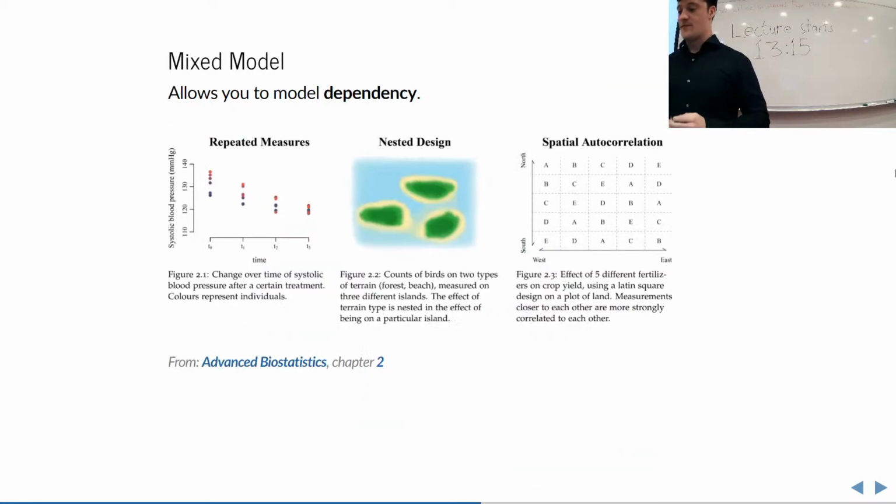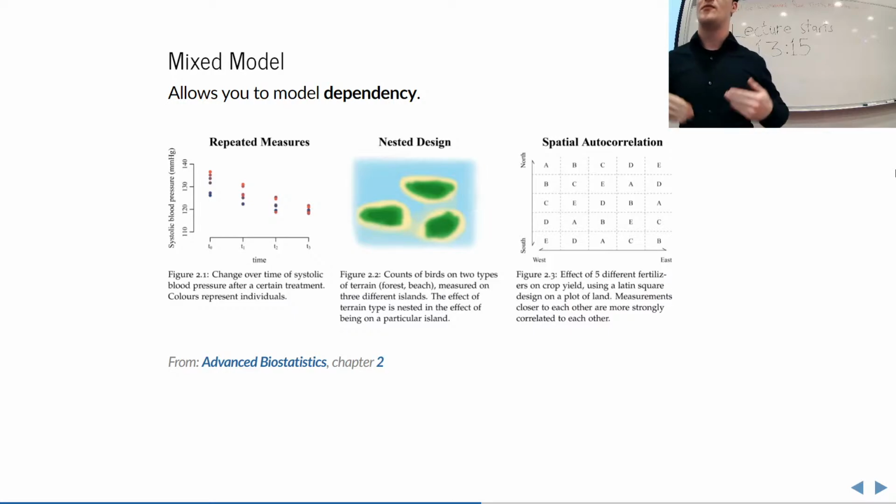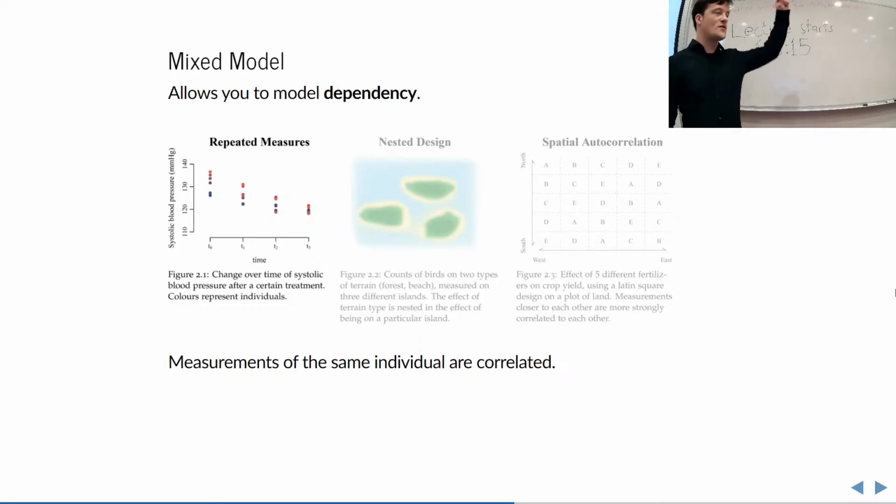Okay, so what is the big subject that we're going to cover in the advanced statistics course, so not basic? That is the mixed model. And as I already said several times now, it allows you to model dependent data. So I already gave this example where you measure people at several time points. If you measure the same people, then those measurements are correlated. If you start with a very high blood pressure, then you're going to end up slightly higher, probably.